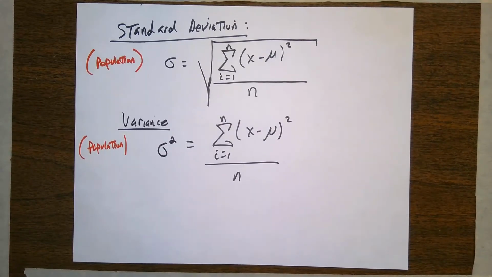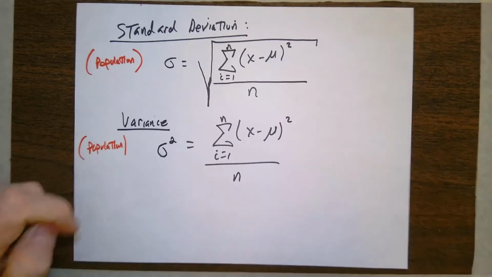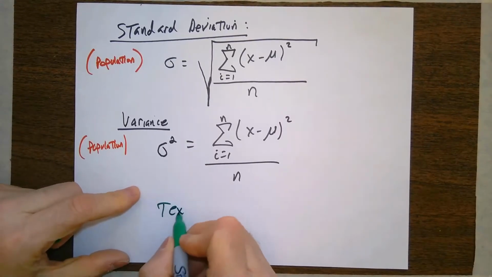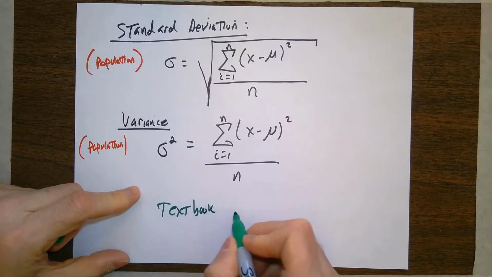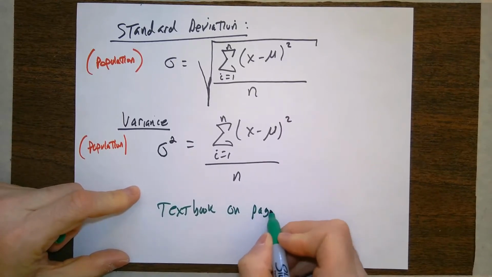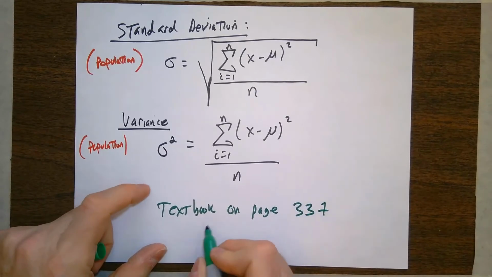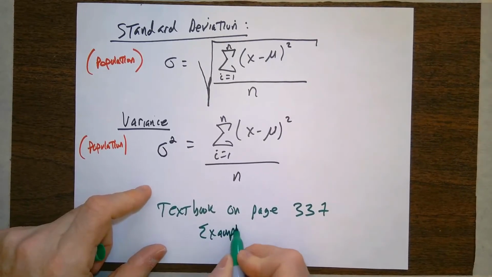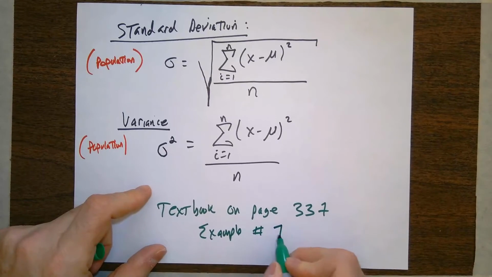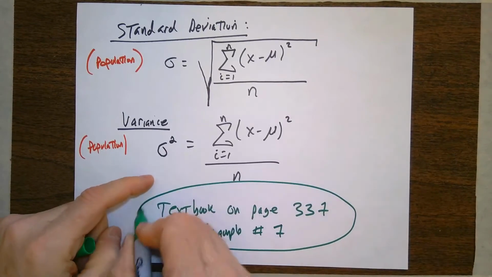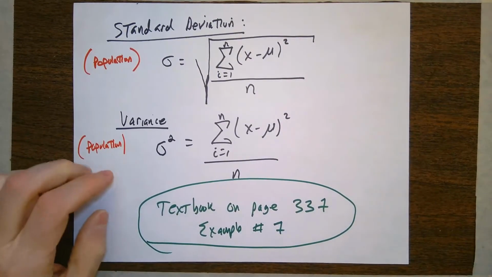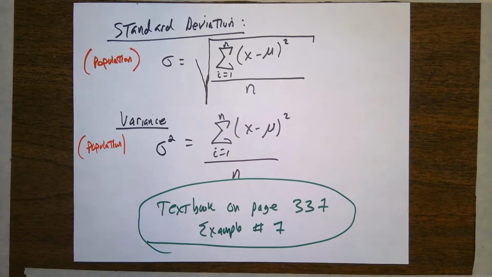What's going on here? What I'd like you to do at some point is take a look in the textbook on page 337, example number 7. I want you to look that over. You don't have to write it and put it in your notes, but I just want you to look at it.